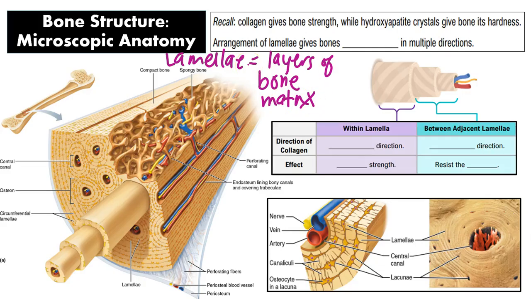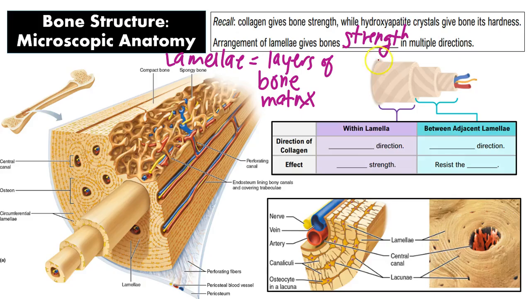And we know that bone matrix is going to be made of collagen, which is the organic part, and of course, hydroxyapatite crystals, which give it its hardness. Okay, so that's one thing we need to figure out. And now the arrangement of lamellae gives bone its strength. The question is why? And how does it give strength in multiple directions?